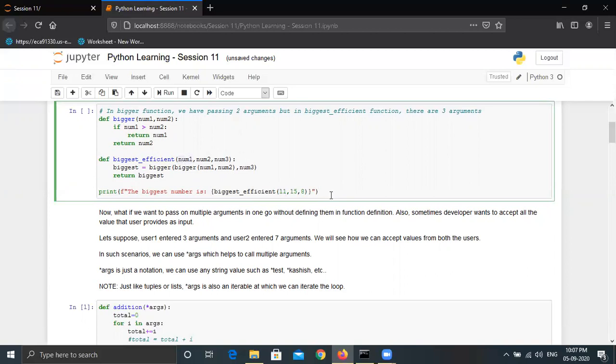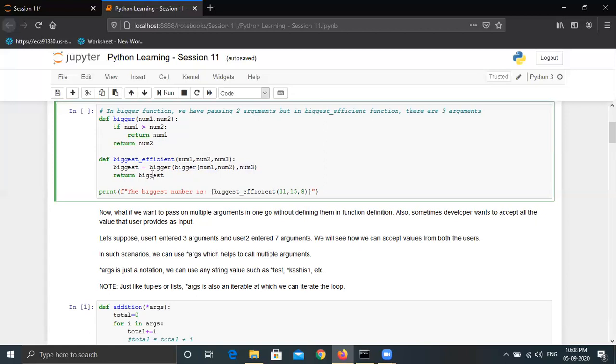Now when we print, it will call the biggest efficient function, which takes the values for these arguments, and then comes to the function definition, which says to call the bigger function to check the biggest out of these 2 numbers, and the result will be compared with number 3 by calling the bigger function again. So finally we get the biggest number out of these 3 numbers.